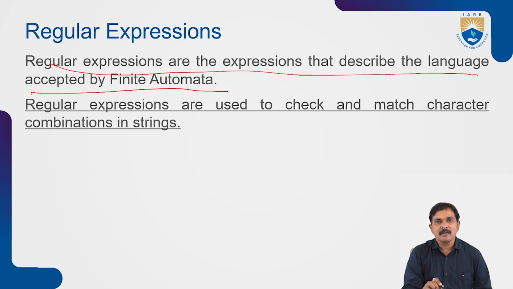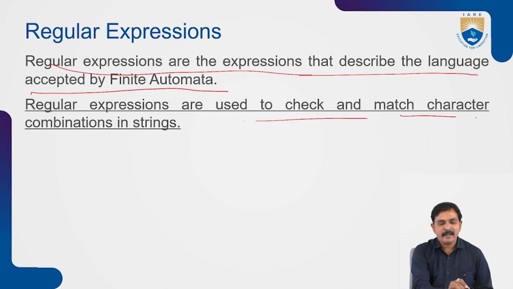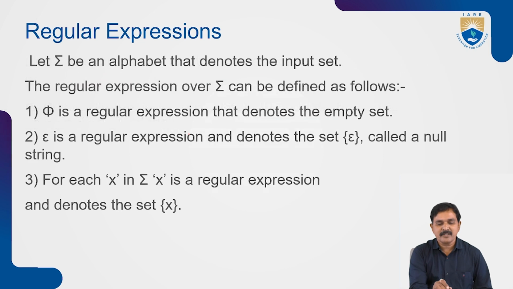In such cases, we can use only one common expression for representing the given n number of strings. All these n strings can be defined by one simple expression called a regular expression. Regular expressions are used to check and also match the character combinations in strings.